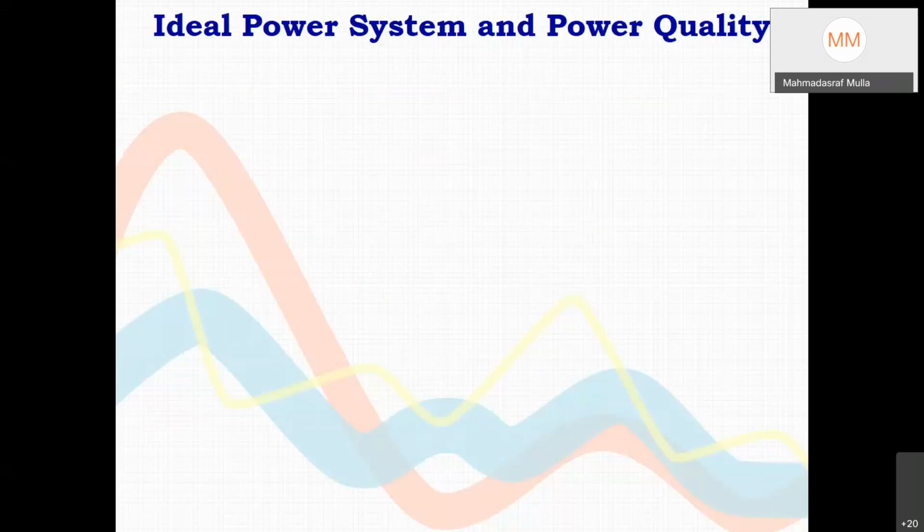So can anybody say what is the ideal power system, what we are looking for in an AC power system, what is the ultimate thing we want to achieve via this power quality subject?